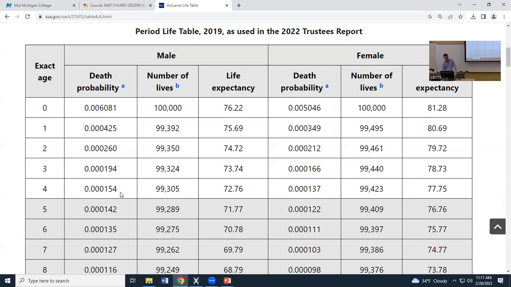By the way, an interesting thing is to look at the distinction between male and female death probability. At 4 years old, males are more likely to die than females by a little bit. In fact, at every age, males have a higher probability of death, even at 0 years old when they're first born, and when they're 1 year old, 2 years old.